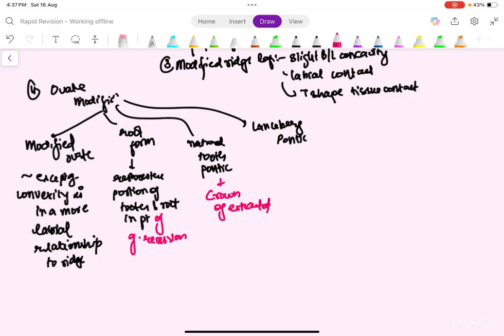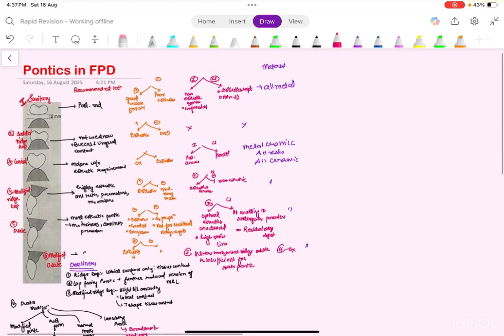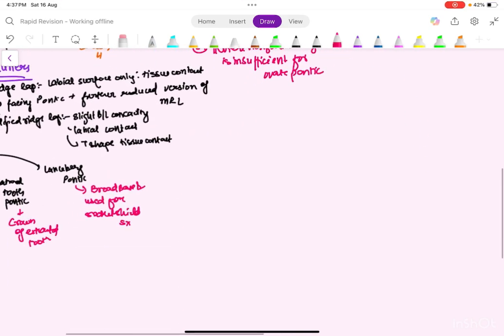Then Landsberg, in this you have a broad base and it is used for socket shield surgery. Okay.